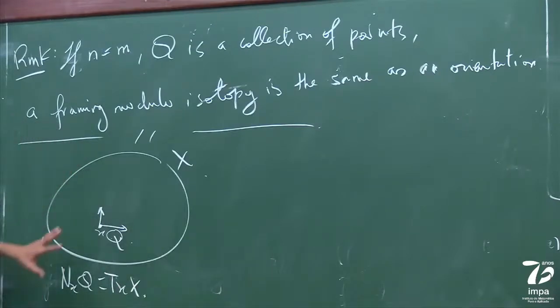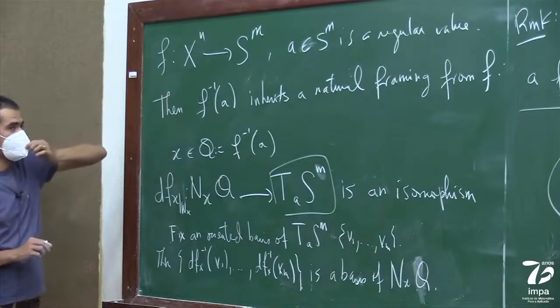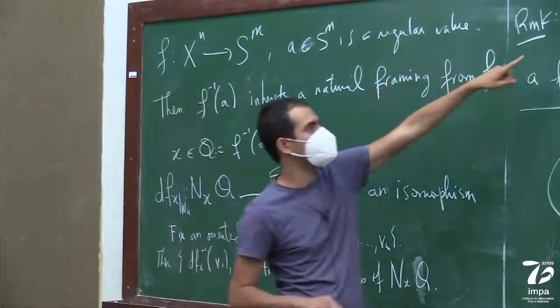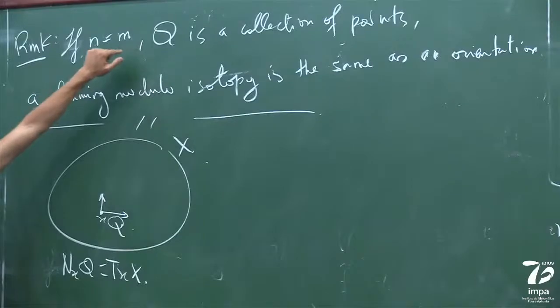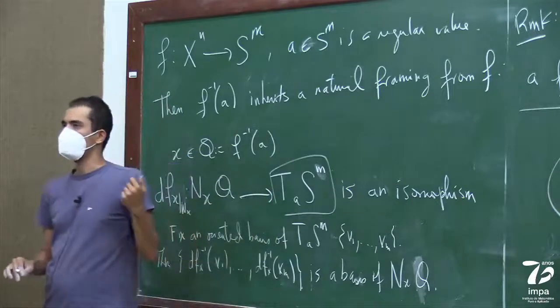So a framing will be just a choice of basis there. So modulo isotopy, that's a choice of orientation. So this fact here that the pre-image comes with a natural framing, we already knew when n is equal to m. So when n is equal to m, this induced framing is basically the same as the induced orientation, if we think about framings modulo isotopy.